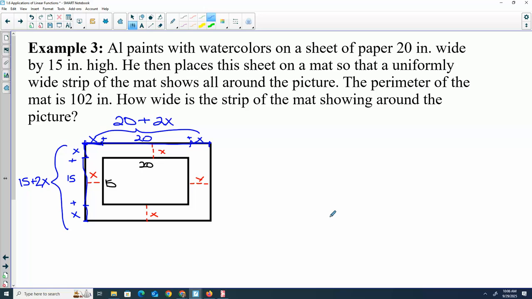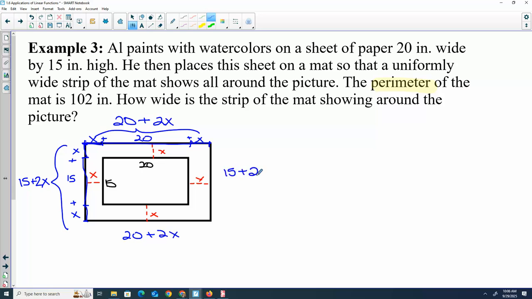Okay. So now I want the perimeter of the mat. How do we get perimeter? Add everything together. This side would also be 20 plus 2x. We know in a rectangle, opposite sides are the same.